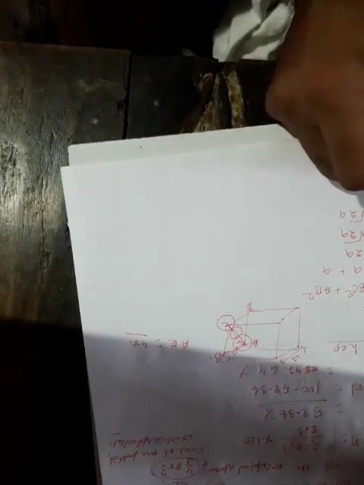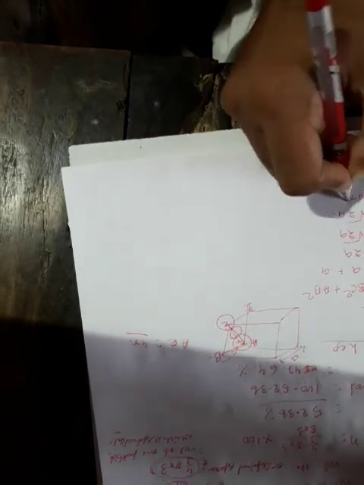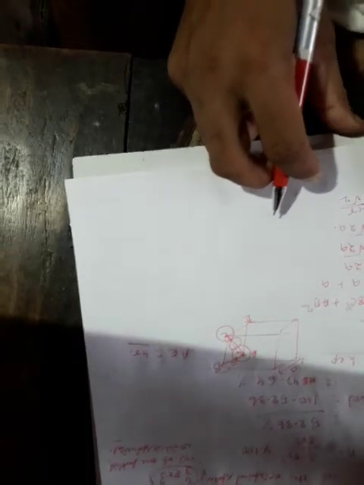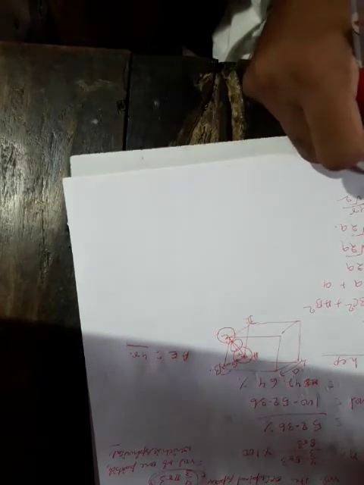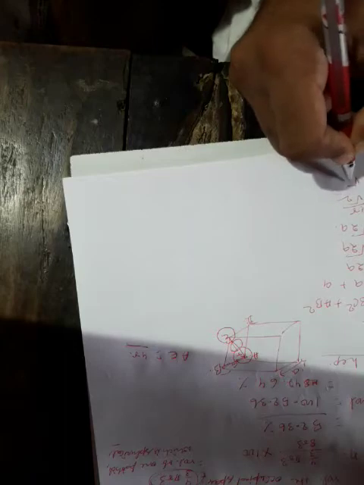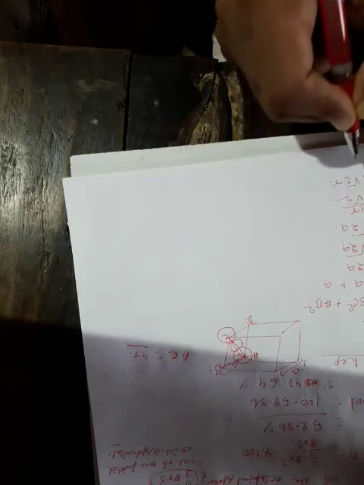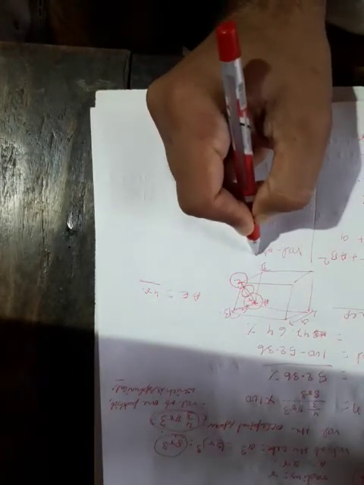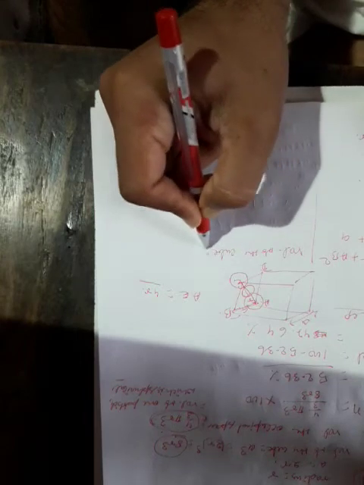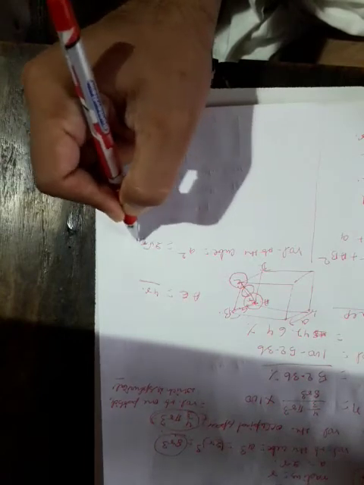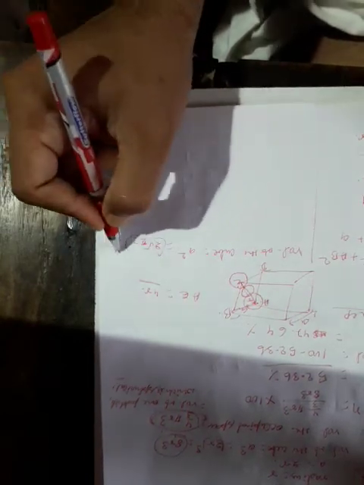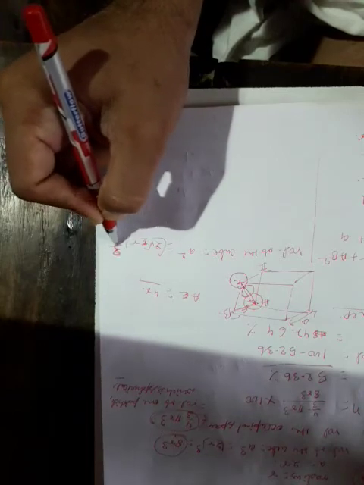Or a is equal to 4r upon root 2, or a is equal to 2 root 2 r. Now the volume of the cube will be equal to a cube, that is 2 root 2 r whole cube.